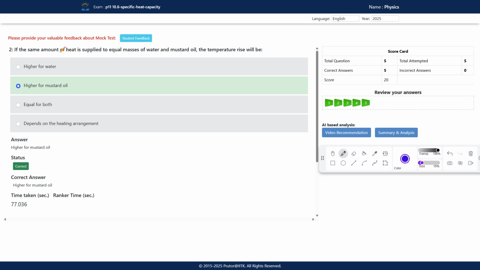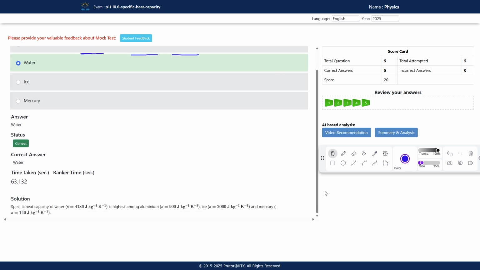Third question: which substance has the highest specific heat capacity according to table 10.3? The answer is water, 4186 joule per kg per Kelvin.